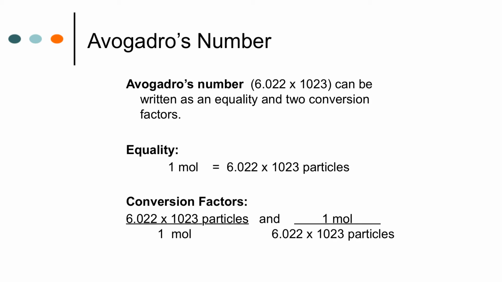So here's our conversion factor, 6.022 times 10 to the 23rd. And I did these before for you on the first slide. So we know that 1 mole is equal to this, so our equality can be used as a conversion factor, right? Always.